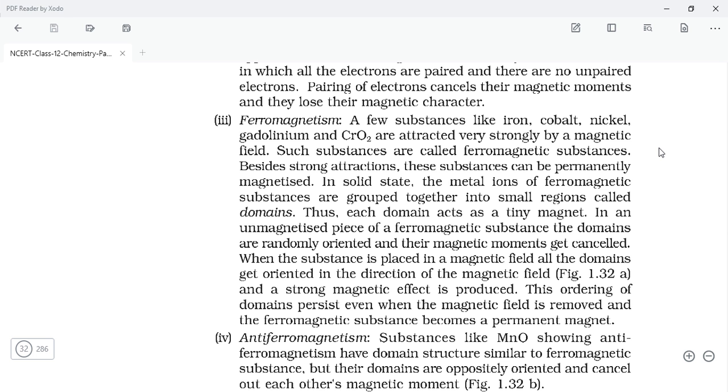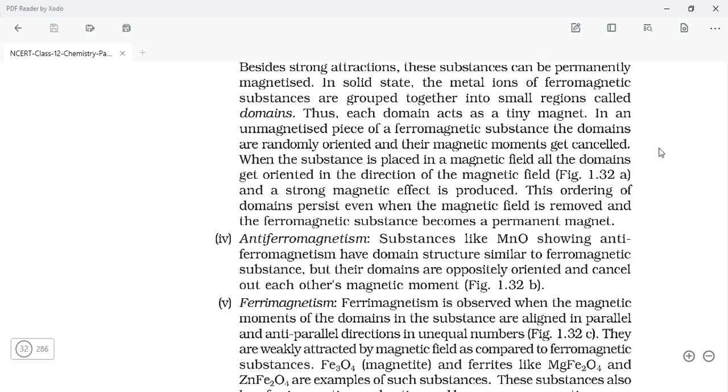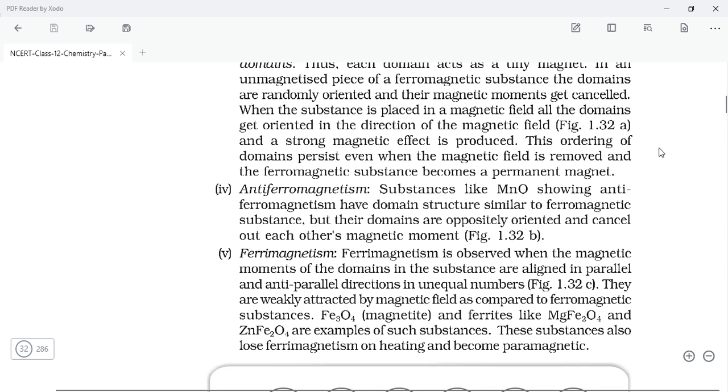Antiferromagnetic substances like MnO, showing antiferromagnetism, have domain structures similar to ferromagnetic substances, but their domains are oppositely oriented and cancel out each other's magnetic moment. Ferrimagnetism.